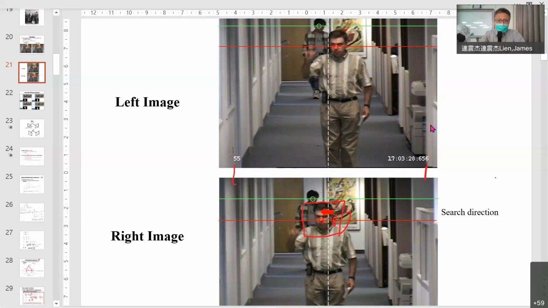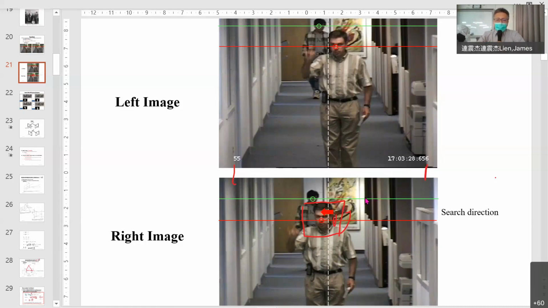This region is the overlap, the same overlap region. So you lose some information. That's meaning if the baseline is too wide, wider baseline means you can see farther away, but you will lose some overlap region.